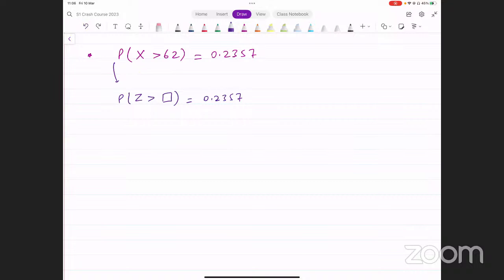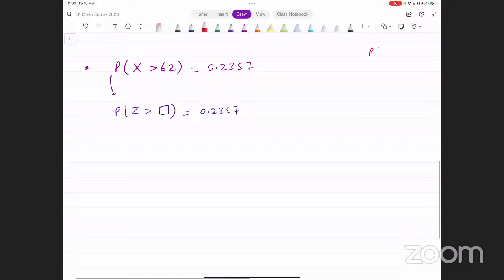We have to figure that out. Now we need to figure out whether this value is positive or negative, because in order to be able to use the table, we want this form. If we don't have this form, we can't use the table.